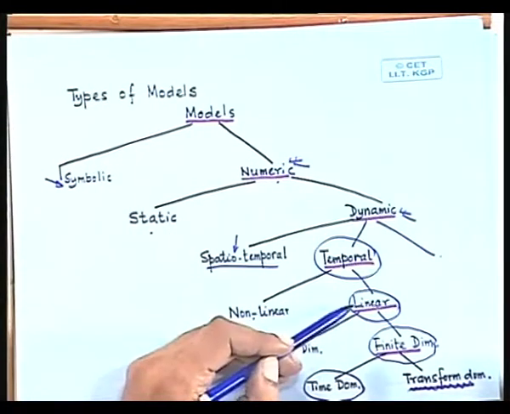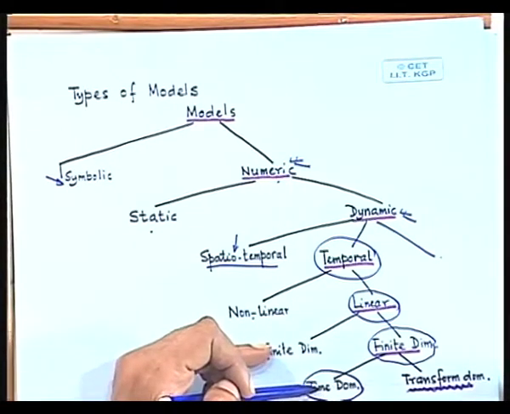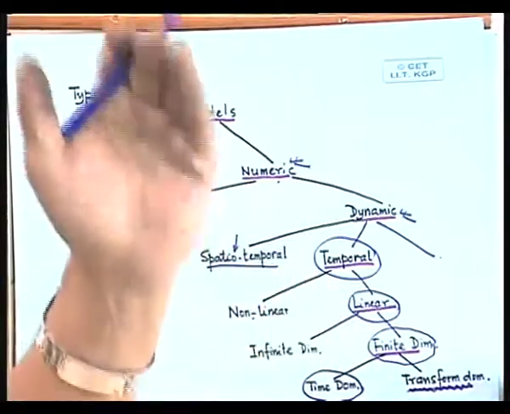You could go further down. For example, a linear finite dimensional time domain model could be either time varying parameter or time invariant. It could be either single input or multiple input.